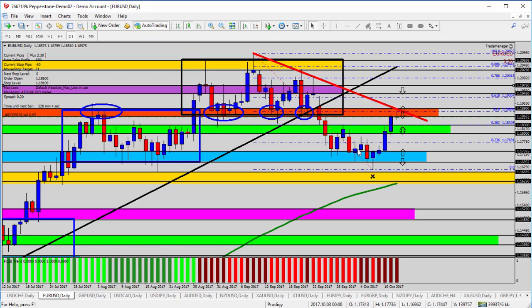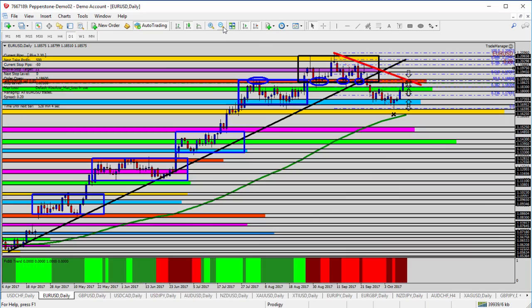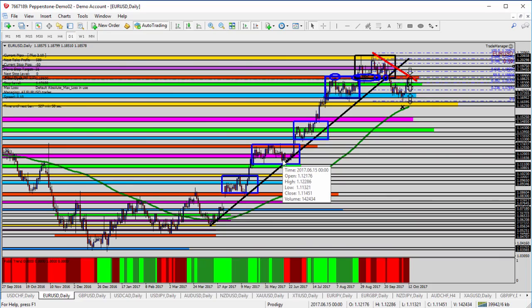Now, I do want to mention another technical pattern that we're recognizing. We started talking about it yesterday in the live trade room, and that is a potential head and shoulders pattern at the top of the black trend line. The blue box and the resistance high inside the blue box would be the left shoulder. The black box and the resistance high at the top of the chart would be the head.